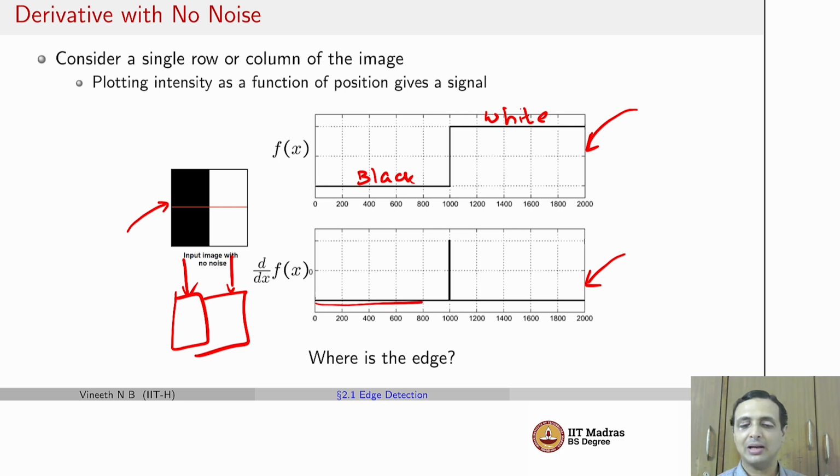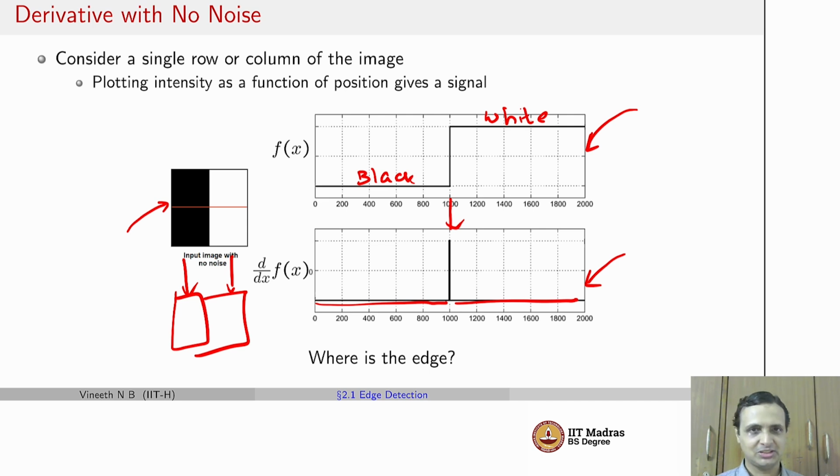The derivative is flat in all these locations, and there's a spike right in the middle when there's a change in the intensity. So if I asked you the question, where is the edge? It's simple. You'll simply say wherever the gradient has a high value, that's where the edge is present in the image, and clearly you would have been right in this particular setting.